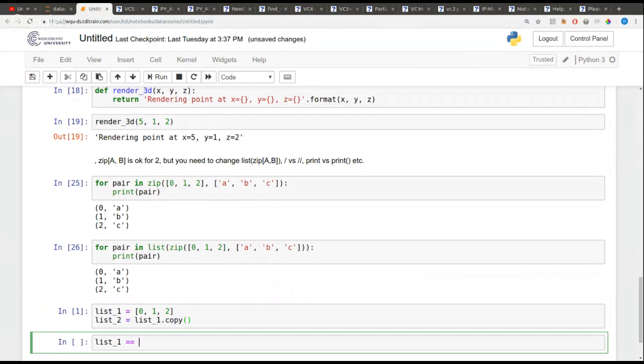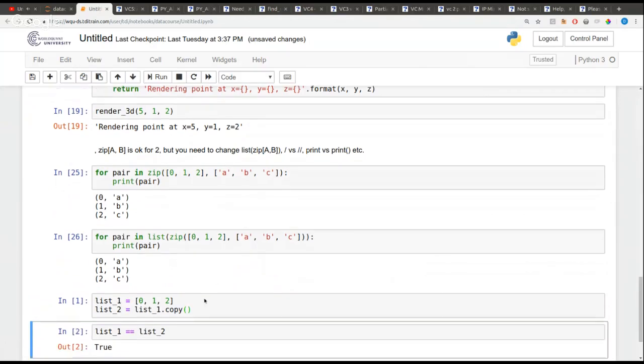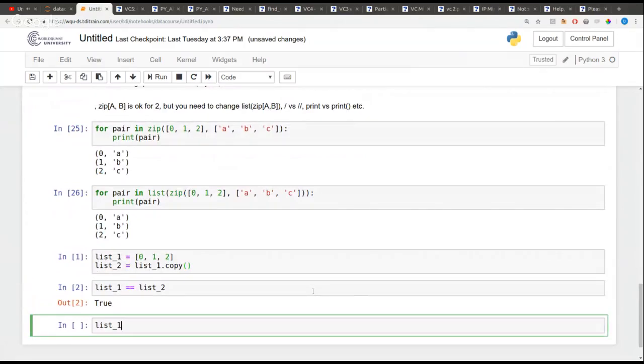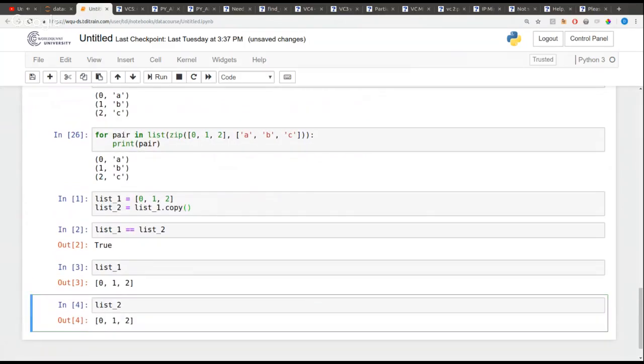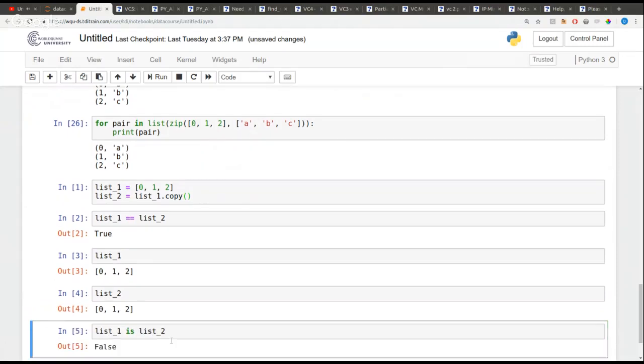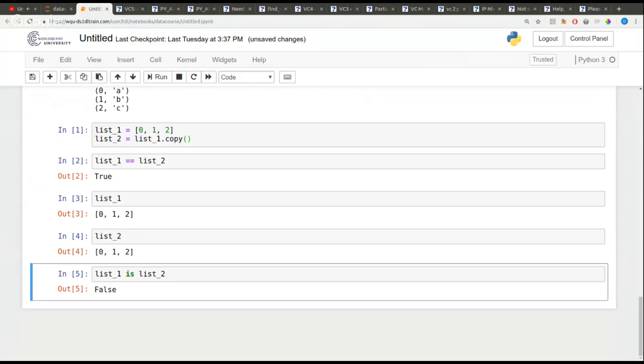I ask if list 1 equals list 2, the answer is true, because the elements of them are the same. And that's what equality means between lists. All the elements are the same. However, if I ask if list 1 is list 2, I get false. And the reason is because they are separate objects in memory. They are distinct from each other.